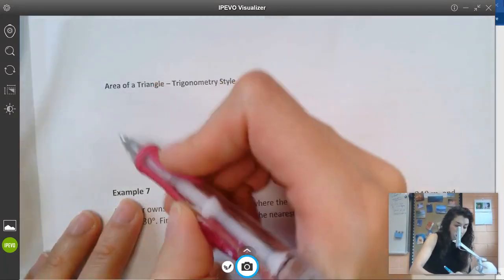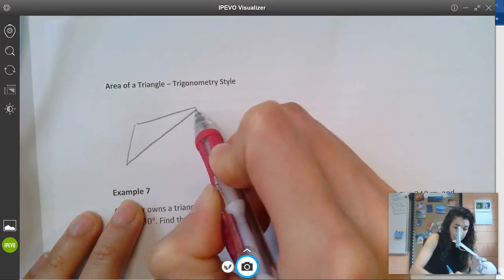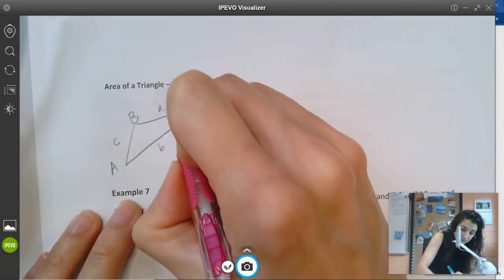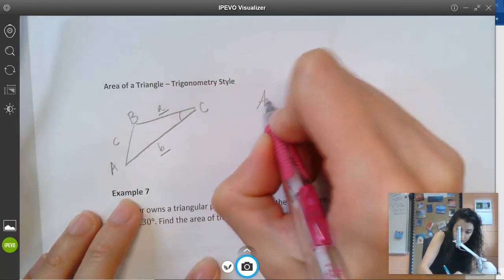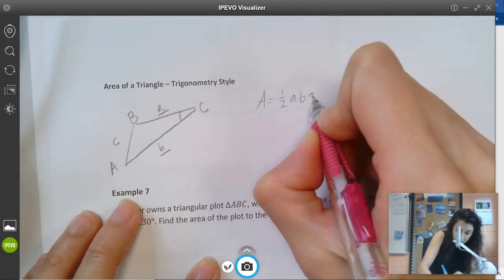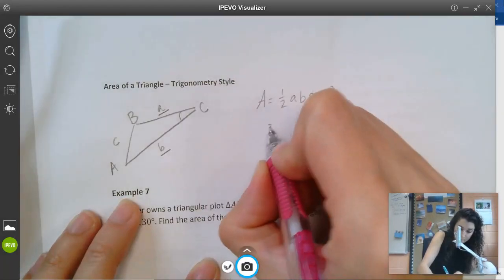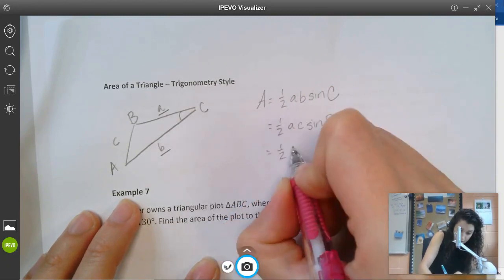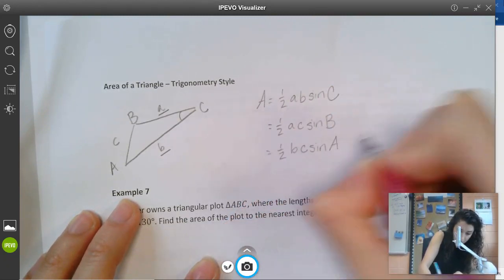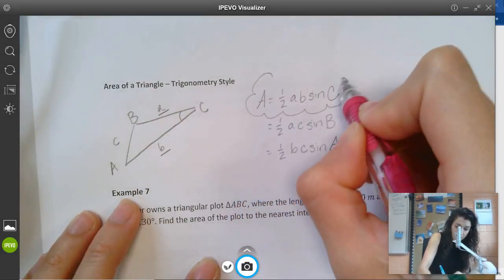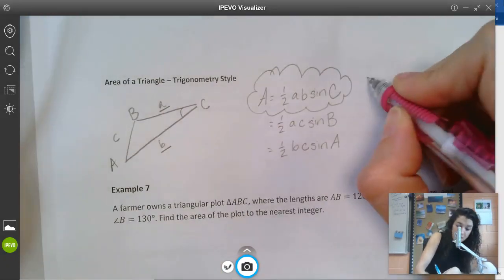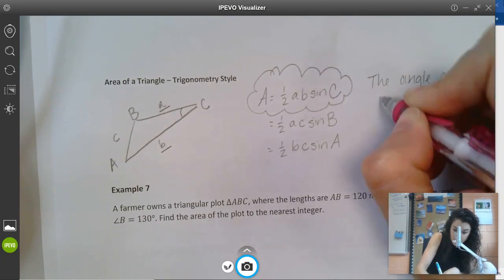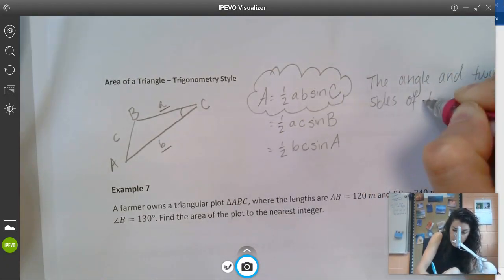So we're going to go ahead and recap on that area formula, draw it out nice, and write to yourself maybe the angle and two sides of that angle.